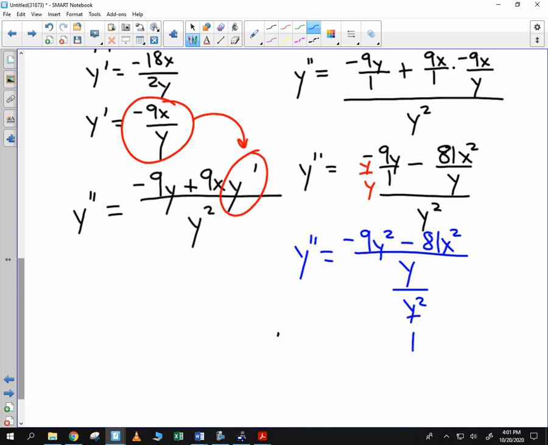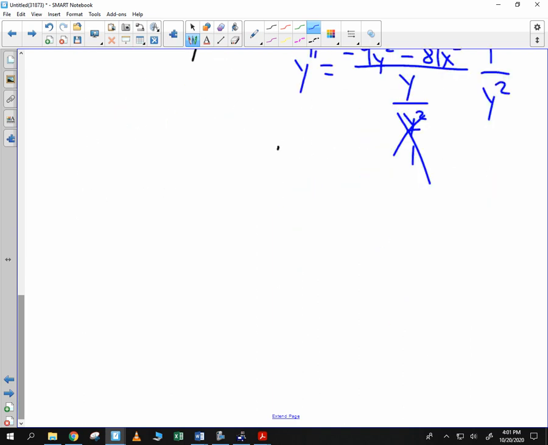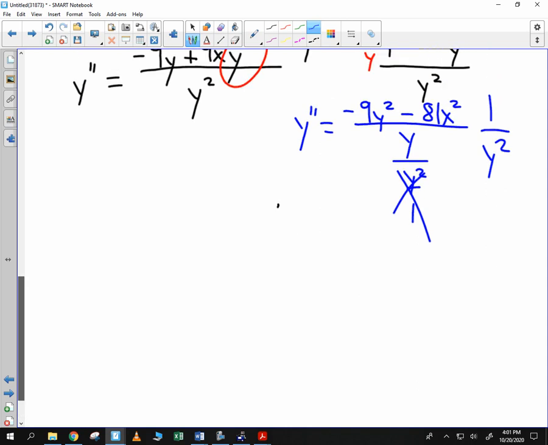When we divide by y squared over 1, we multiply by the reciprocal. I get y double prime is equal to -9y squared minus 81x squared over y cubed.